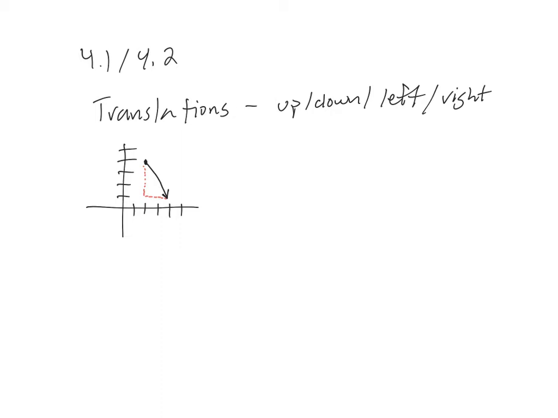It really doesn't matter. But they usually ask for the vector in component form. So remember it has these type of brackets. And it's just like, what did you do to get from the point to the arrow?